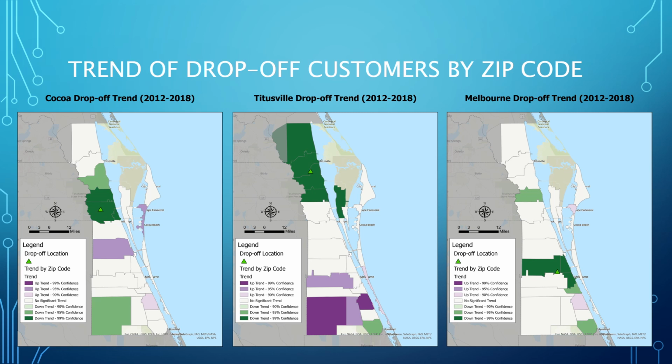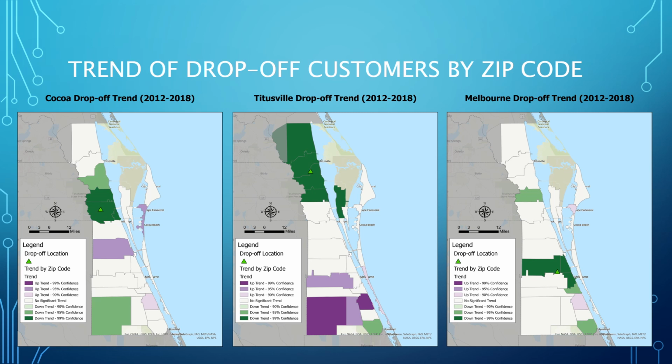But you can see that for the Titusville location, the southern end of the county mostly shows an uptrend, but the number of drop-offs from the southern end for Titusville is really low, so we are going to ignore those zip code areas. And for the Melbourne drop-off location, we can see the general downtrends.